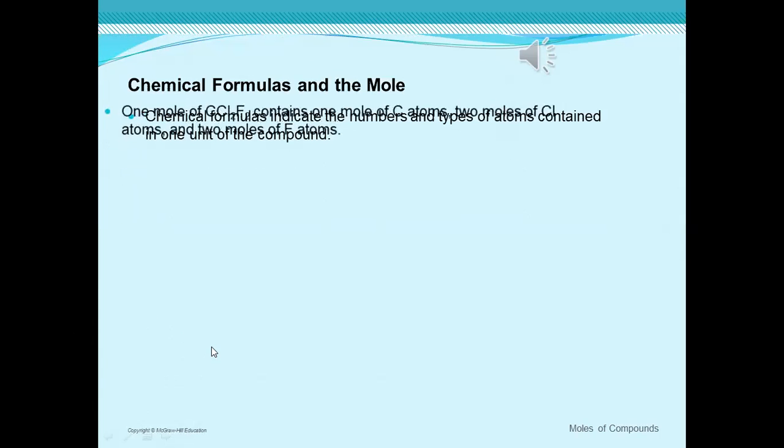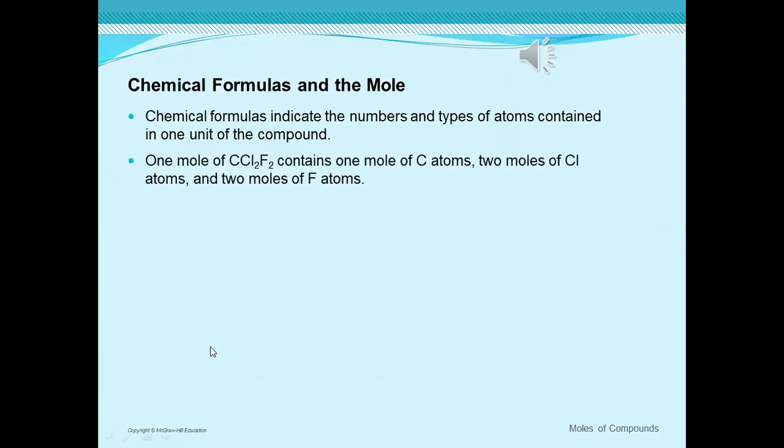Good. Number two, 1 mole of CCl2F2 contains 1 mole of carbon atoms, 2 moles of chlorine atoms, and 2 moles of fluorine atoms. Understand this compound? Yes.